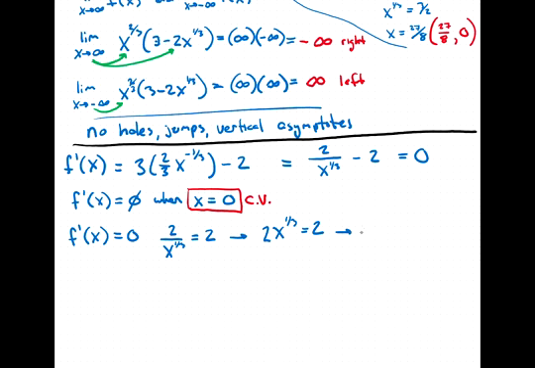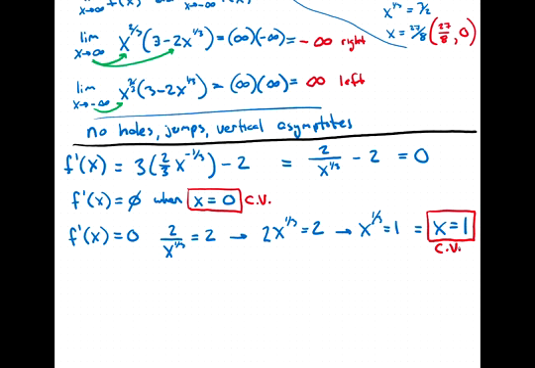And that's true when x to the 1/3 is equal to 1, or when x is equal to 1. All right, so that's our second critical value. So we have two critical values.